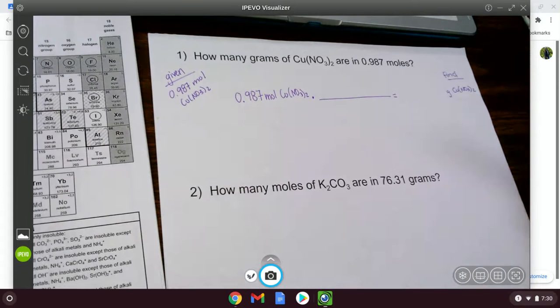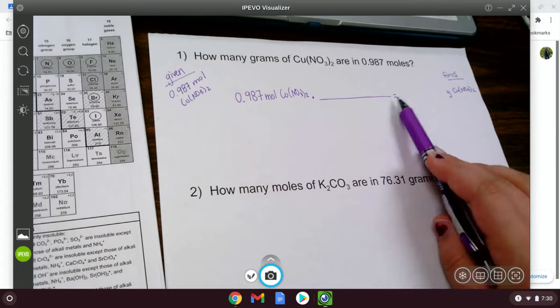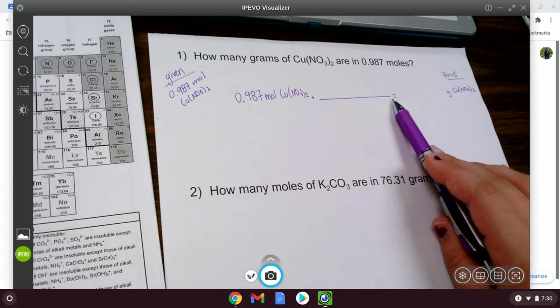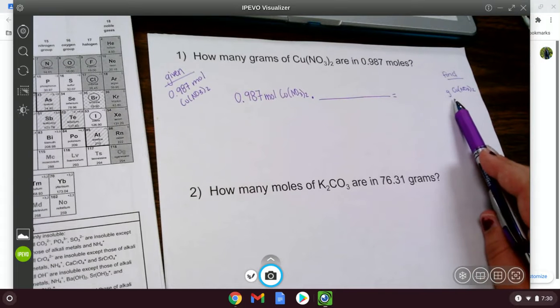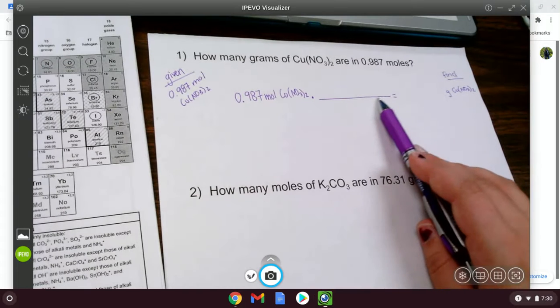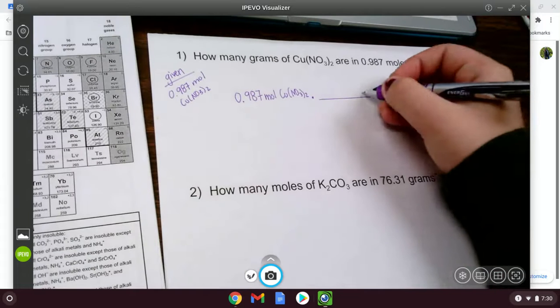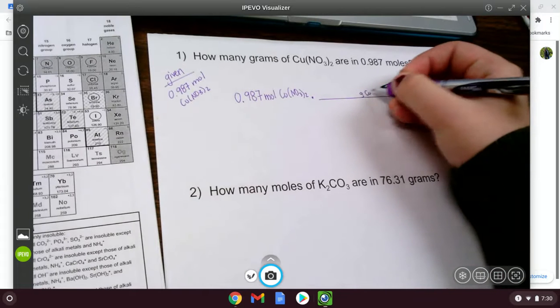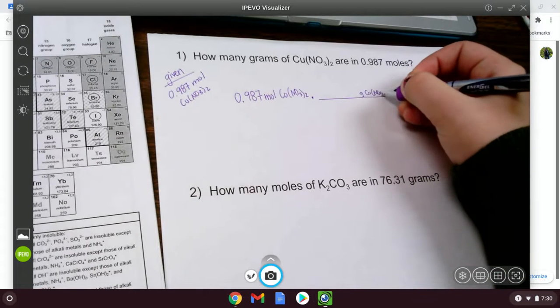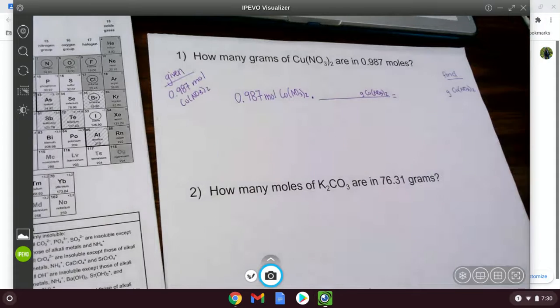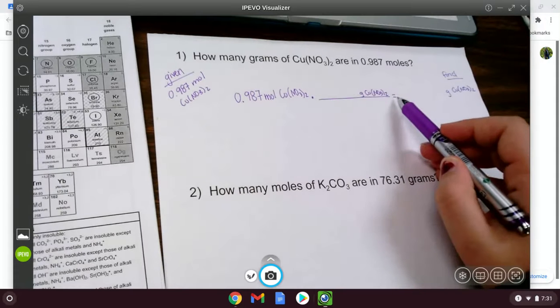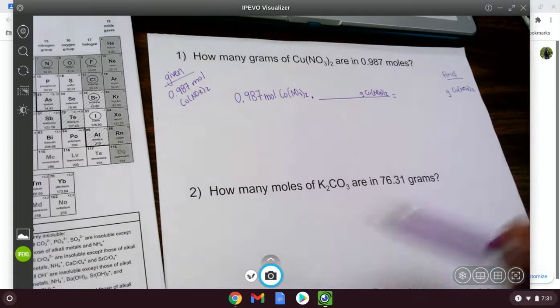So our conversion factor will either be moles over grams or grams over moles. Well, a little trick: the unit right before your equal sign will be your find unit. So I know I'm going to have grams of Cu(NO3)2 because that's where I'm ending, and I will end in this unit.